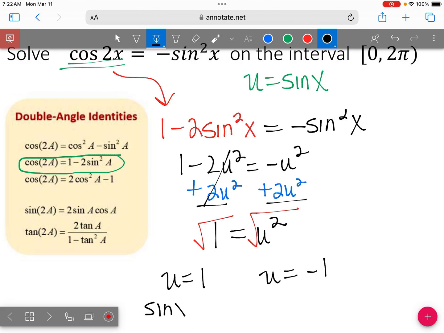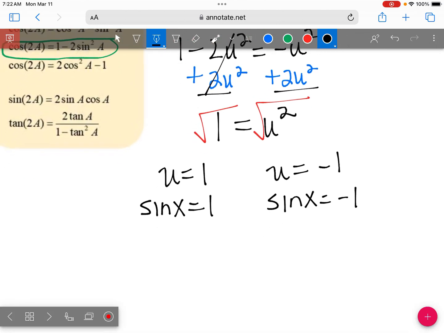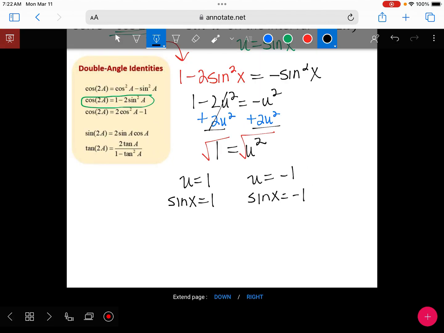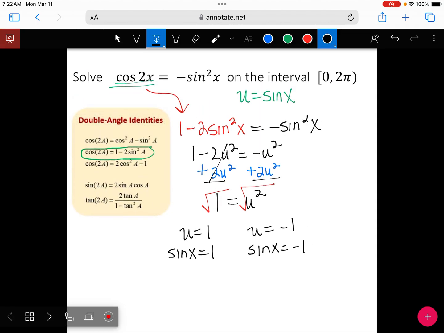But we know that u is actually sine. So at this point, I'm going to put it back in there. Go ahead, look on your unit circle and tell me where is sine equal to 1 and negative 1. Here, let me pull it up a little bit. Where is sine equal to 1 and negative 1? Between, and the interval said, let me zoom back out, between 0 and 2 pi.